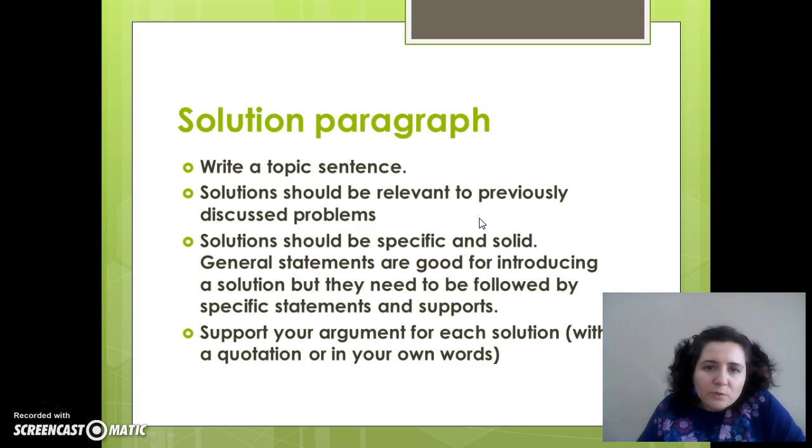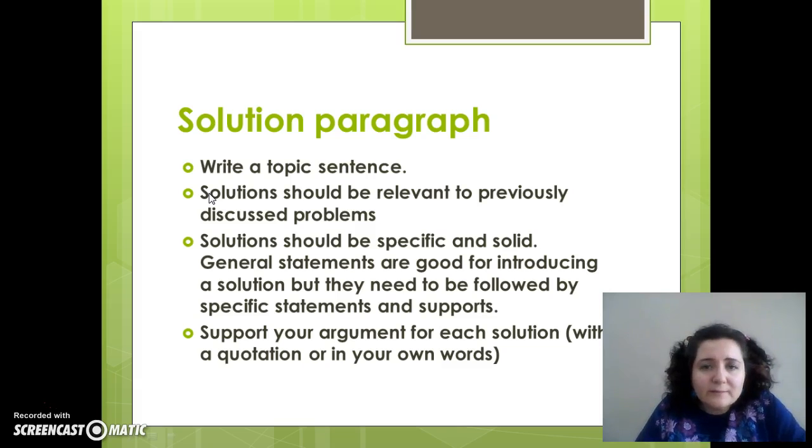Of course, when you are writing a problem paragraph or a solution paragraph, you need a topic sentence. I told you about why we need a topic sentence for each paragraph in the previous video. One problem that I have seen in my students' papers is that they write totally irrelevant solutions to the problems.